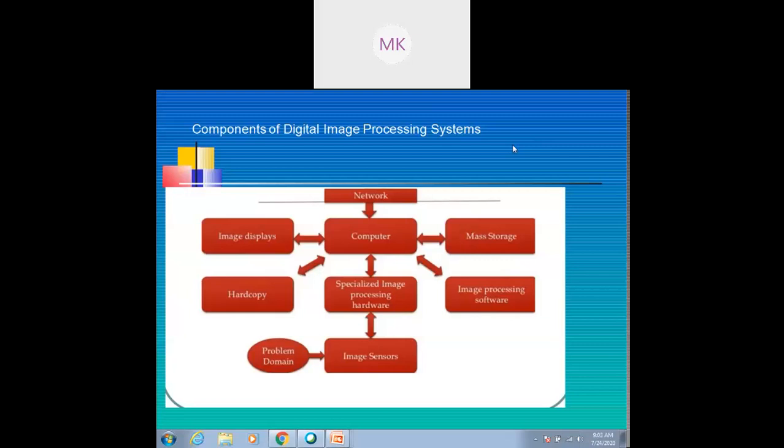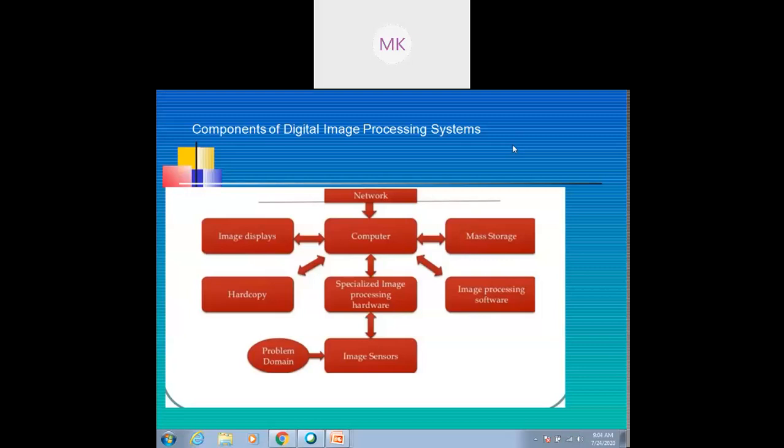Then we need to perform image compression in order to reduce the size of the image, and the time for performing the compression should be reduced. Then we represent by assigning labels, and recognition of the image is done. So all these are the stages of digital image processing.